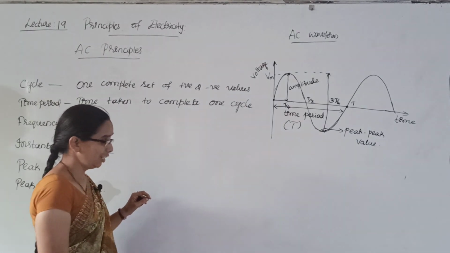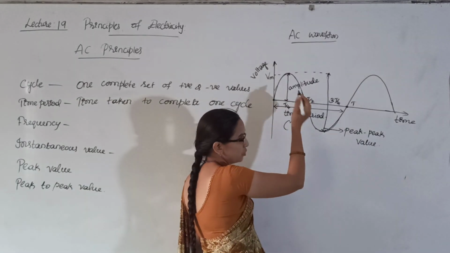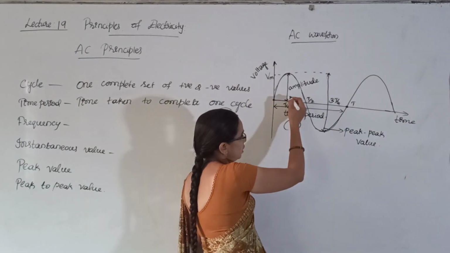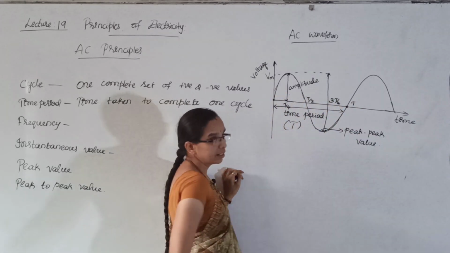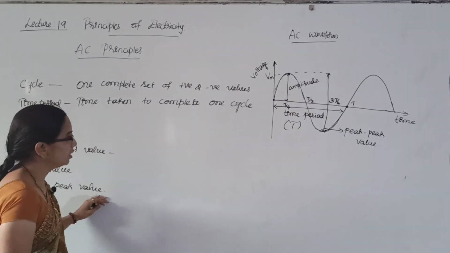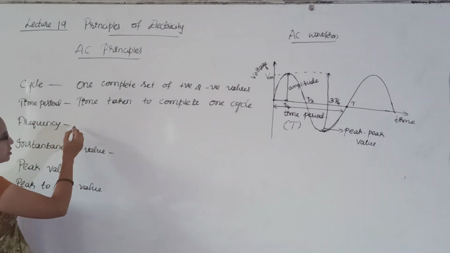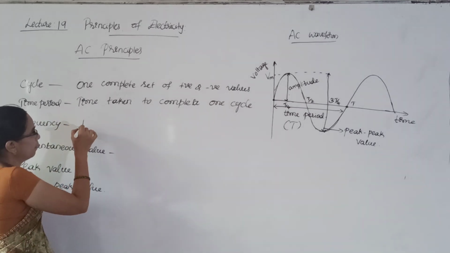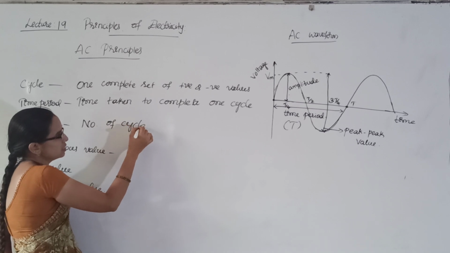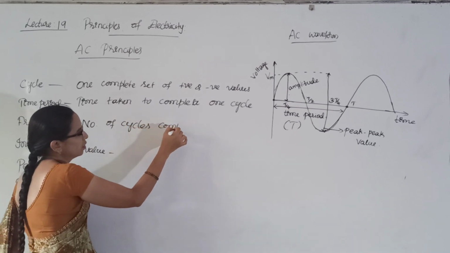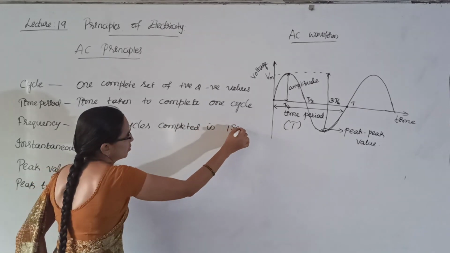If you measure in angles, in your trigonometry you might have observed that for a sinusoidal waveform it is pi by 4, pi by 2, 3 pi by 4 and 2 pi. That you have studied in your trigonometry. Frequency. Frequency means the number of cycles completed in 1 second.